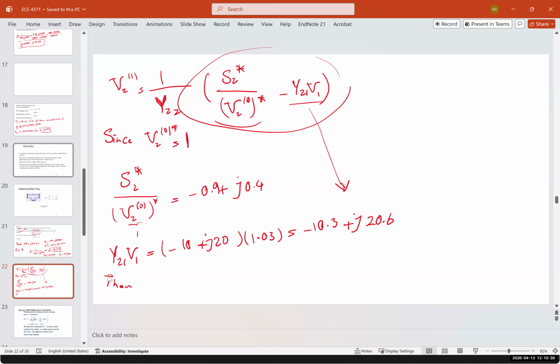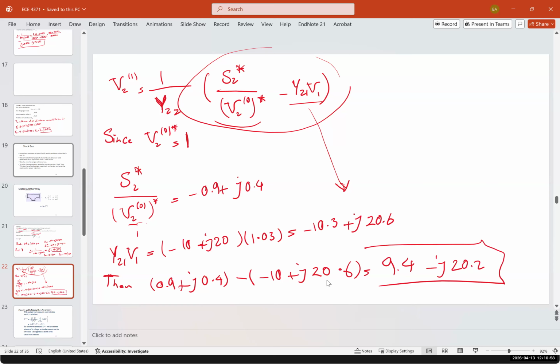So combining them, we have negative 0.9 plus j0.4 minus negative 10.3 plus j20.6, which gives us 9.4 minus j20.2.